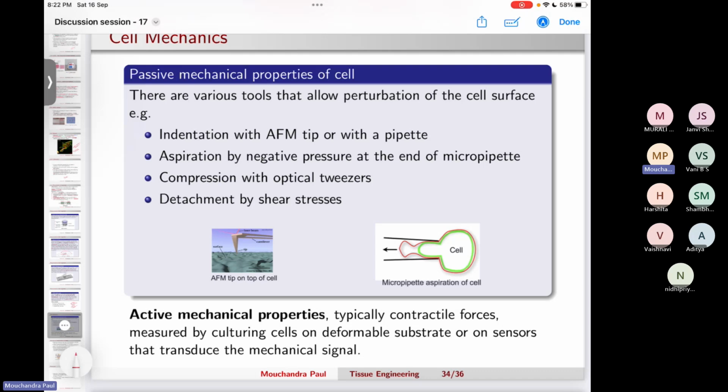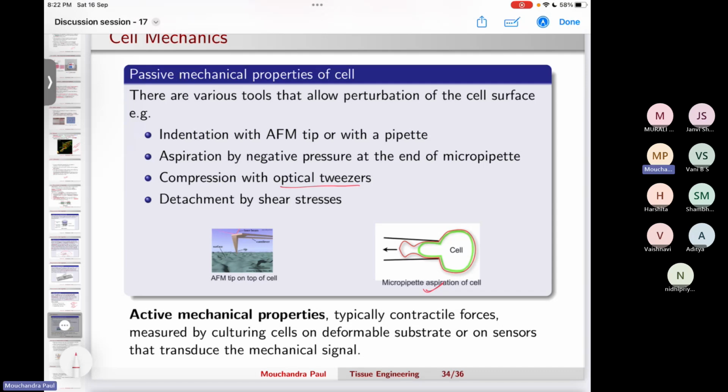So this looks like something like this. You can use tweezers, optical tweezers, to compress the cells, or you can use shear stress like flow conditions to detach the cells. So under these kinds of methods to exert some external force on the cell, you can quantify how the cell is responding to different mechanical forces.